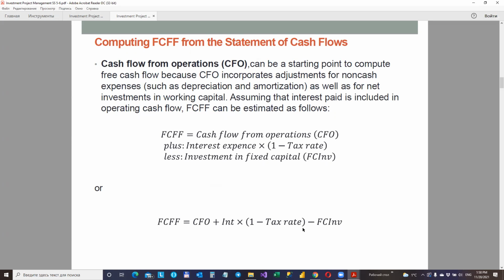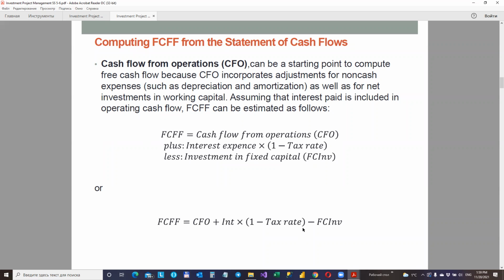Then the next issue, FCFF. It is a cash flow that is available to all providers of capital, and analysts frequently use cash flow from operations, or CFO, taken from the statement of cash flows as a starting point to compute free cash flows, because CFO incorporates adjustments for non-cash expenses such as depreciation and amortization, as well as for net investments in working capital.